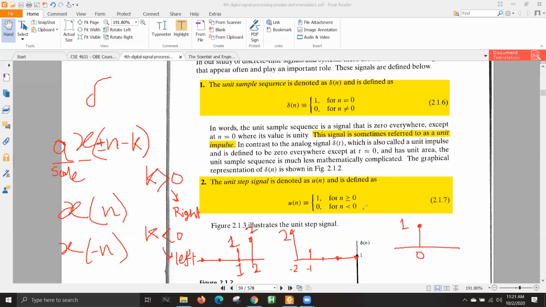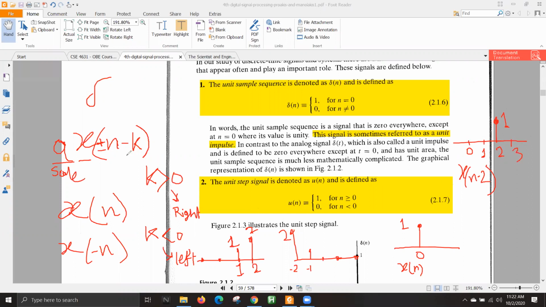Then x[n-2] would be this signal. In the second sample you'll have 1, so this is just a shifted version of the unit impulse, as you can see.